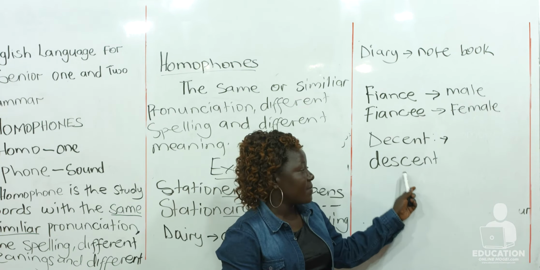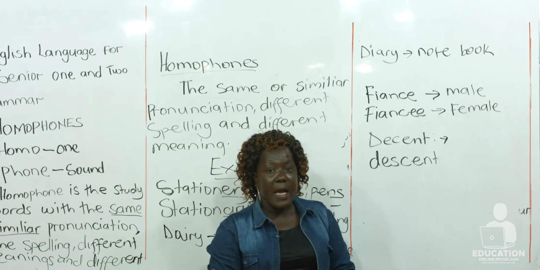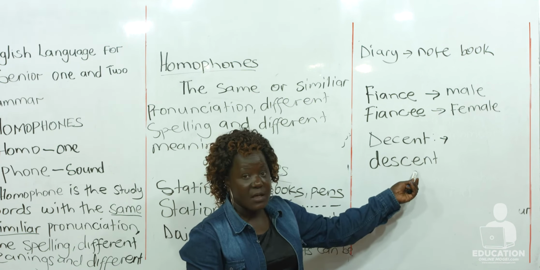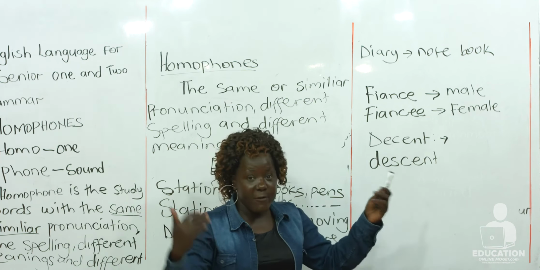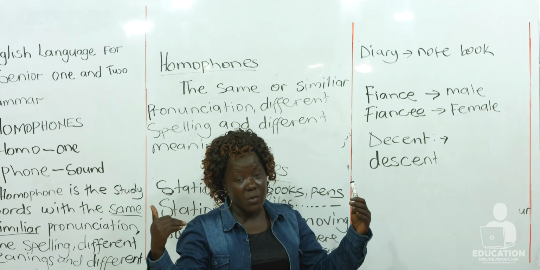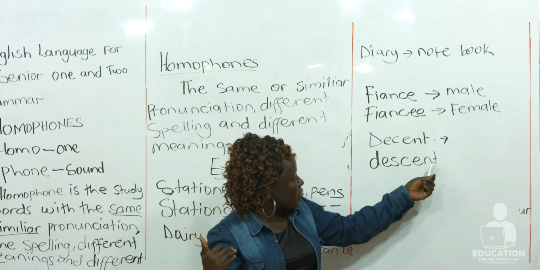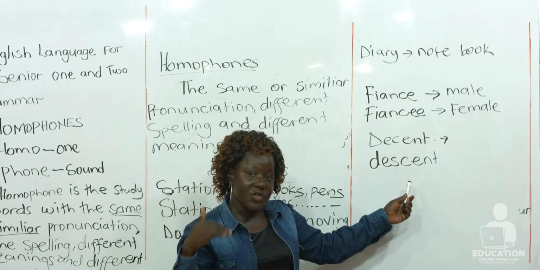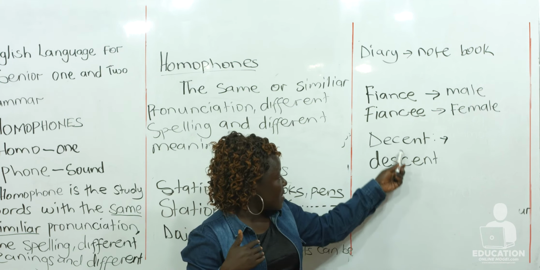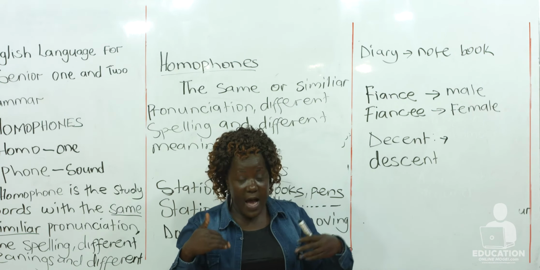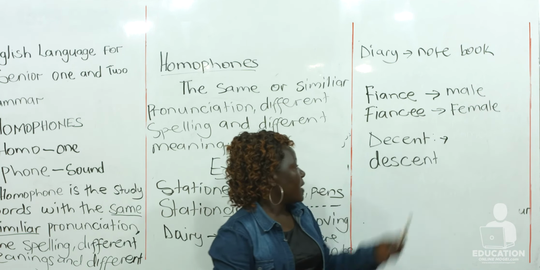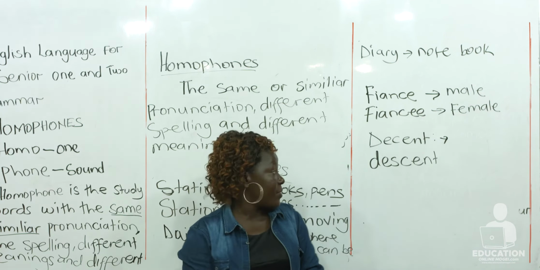But this one can be a belonging or origin. For instance, I am a South Sudanese by descent. That means my descendants, my forefathers, they come from South Sudan and they are South Sudanese. So I am a South Sudanese by descent. Meanwhile, this one, I dressed up decently. It is organized way of doing something.